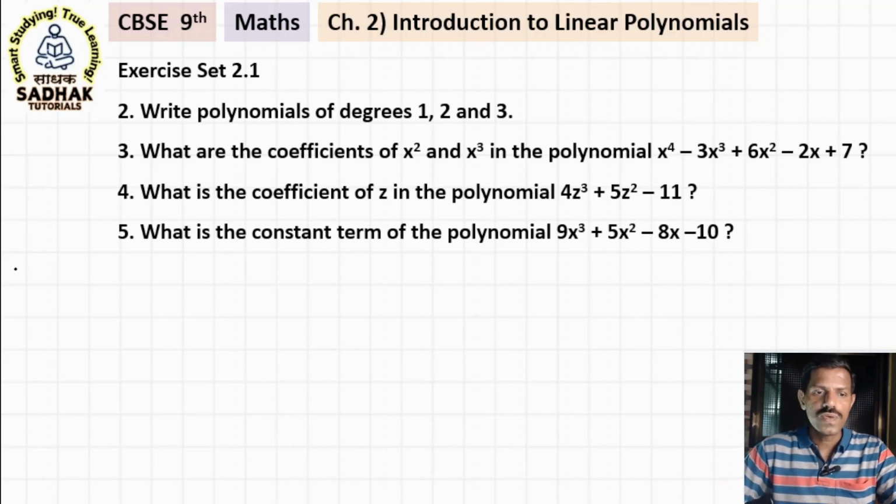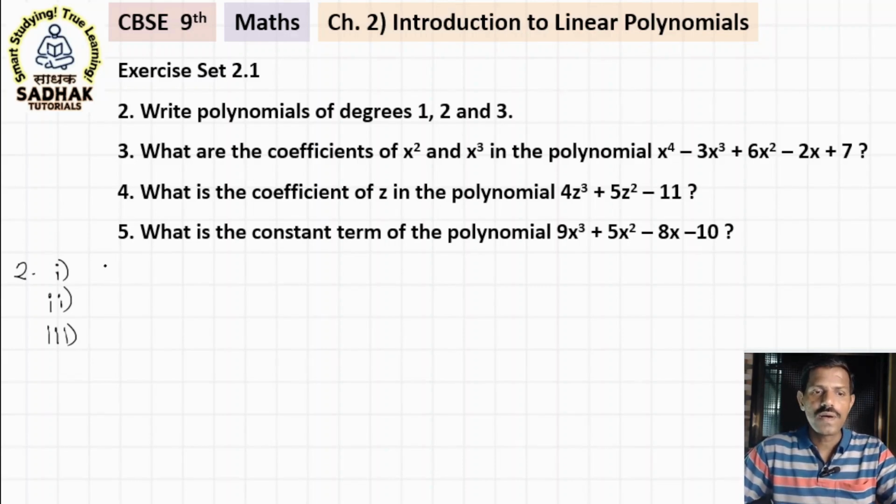So there are 3 parts, and we have to write 3 different polynomials. The first should have degree 1, the second degree 2, and the third degree 3.